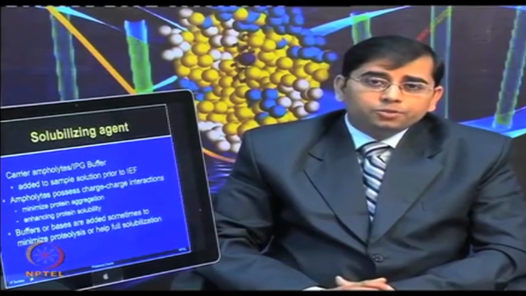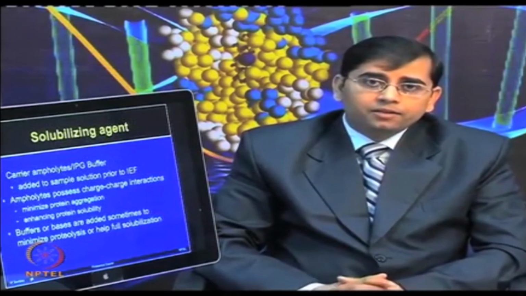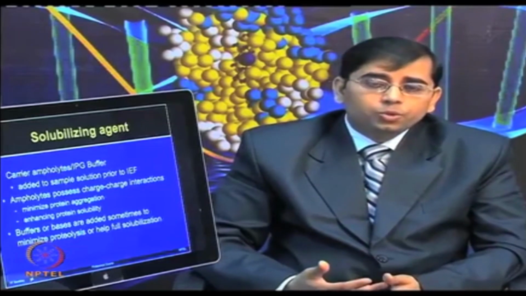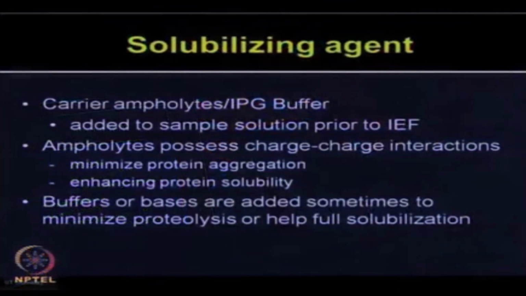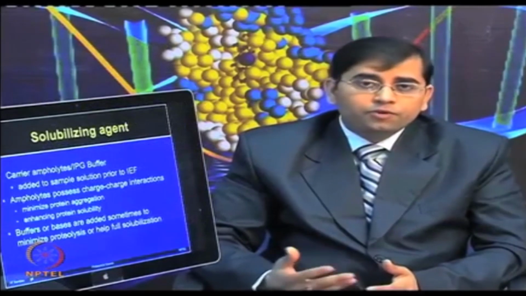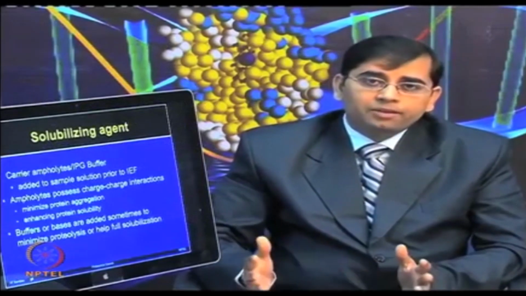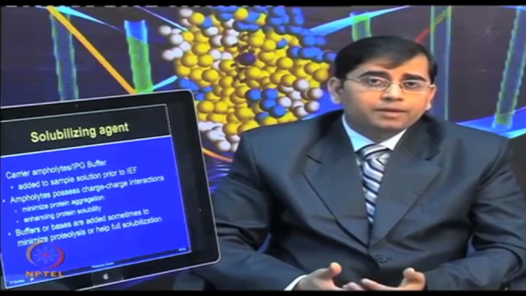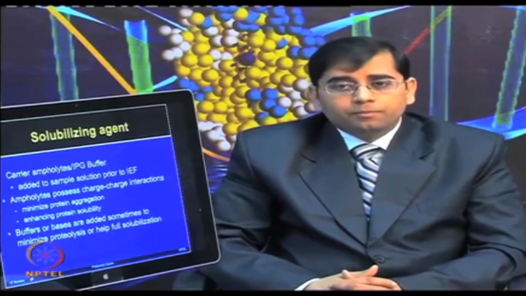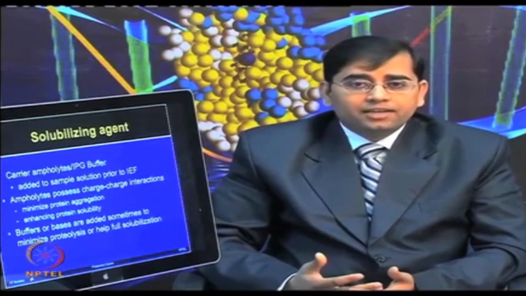If your aim is to perform isoelectric focusing from your samples, the solubilizing agent should include carrier ampholytes or immobilized pH gradient buffers. These are added to the sample solutions prior to the isoelectric focusing step, which we will discuss in the next lectures when we talk about the different steps involved in performing a gel-based proteomics experiment. The ampholytes possess charge-to-charge interactions.